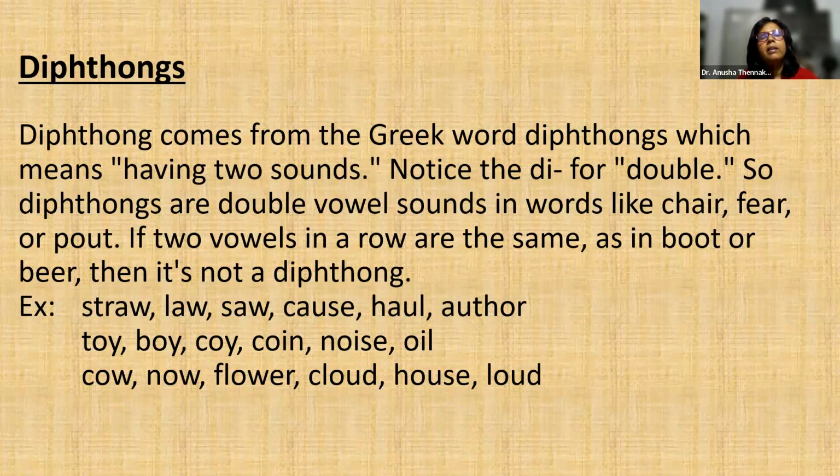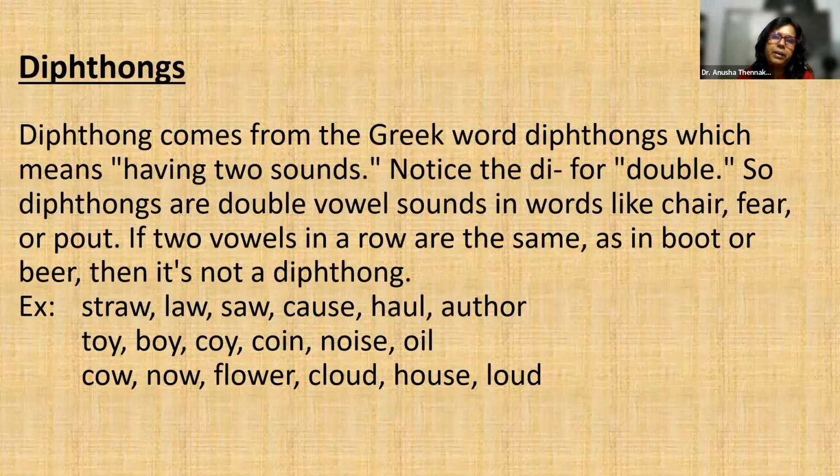That is power. If two vowels in a row are the same, as in boot or beer, then it's not a diphthong. So in the word boot, there are two vowel letters. And even in the word beer, there is a double E. But that is not a diphthong.